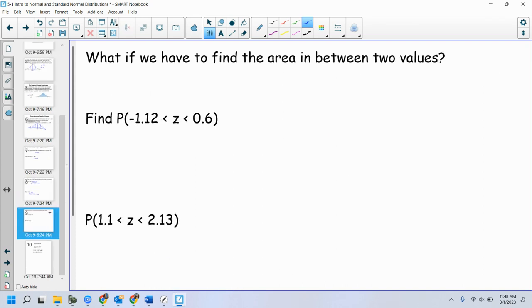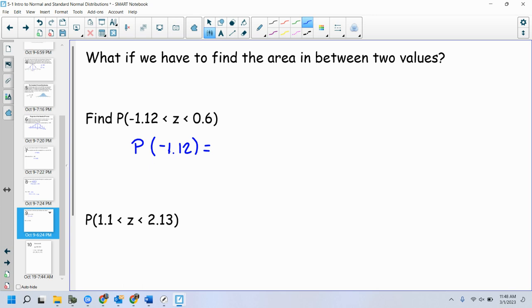Okay, what if you want to go in between values? Well, you just think about it this way. Probability of negative 1.12, I'm just going to write it like that for right now.